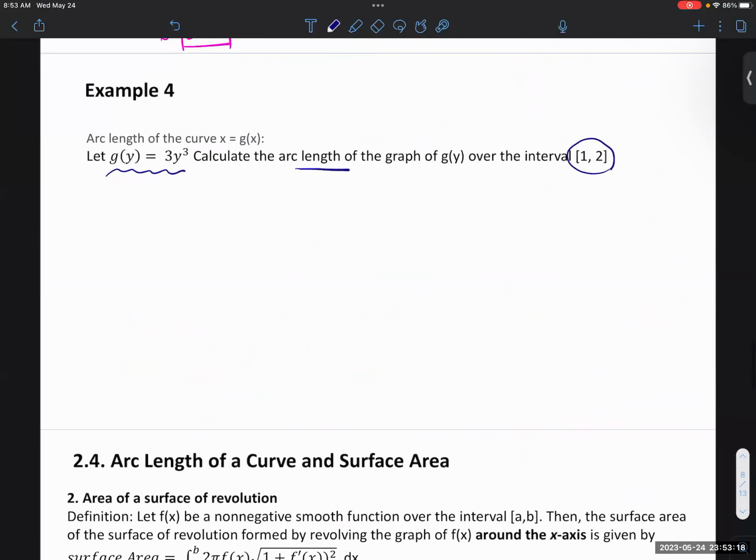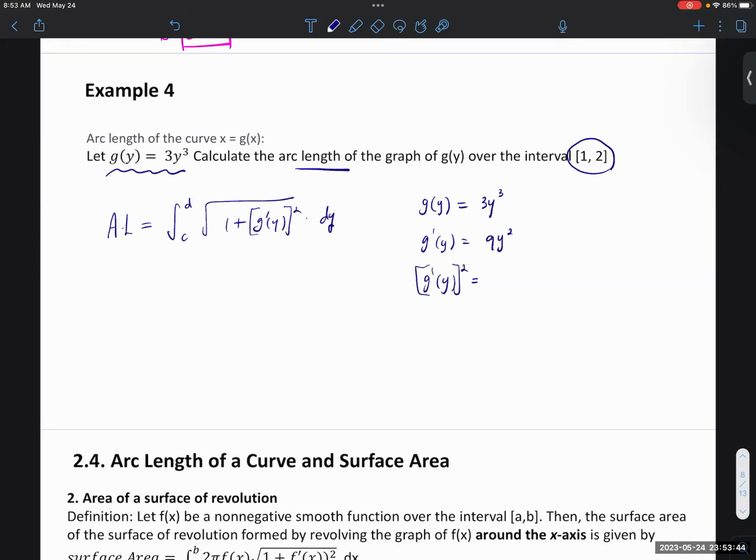So anyway, here for arc length, we're going to use the integral of the square root of 1 plus g prime of y, to the second power, dy. So we have every piece of information here. g(y) is 3y to the third, g prime of y is 9y to the second power, and then you square it: 9y squared, 81y to the 4.